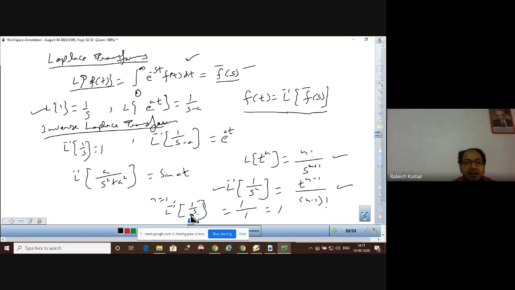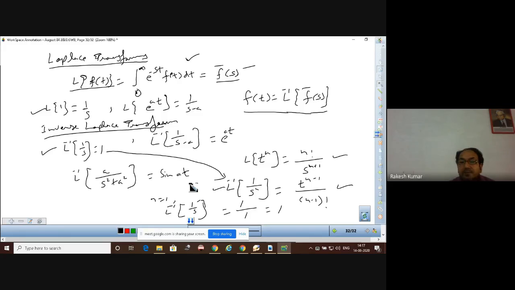And clearly L inverse of 1 by s comes out to be 1. So the same formula we can get with the help of this also. So you must have practice with these formulas and how to apply them for finding the Laplace transformation and inverse Laplace transformation of different kinds of functions.